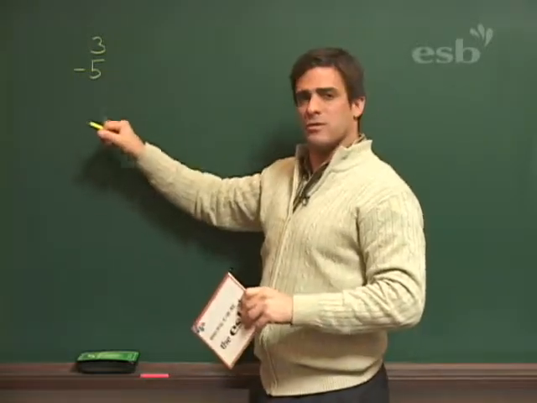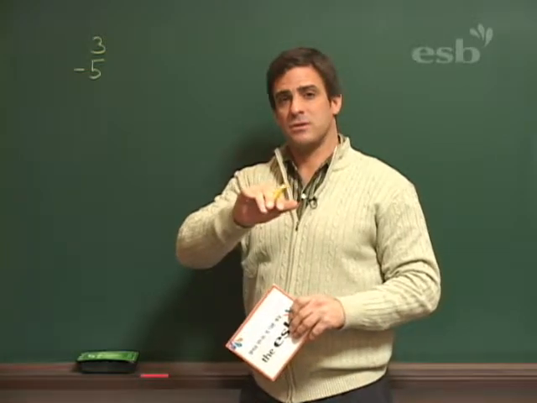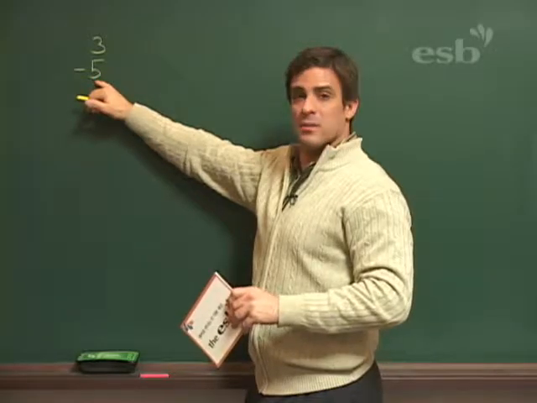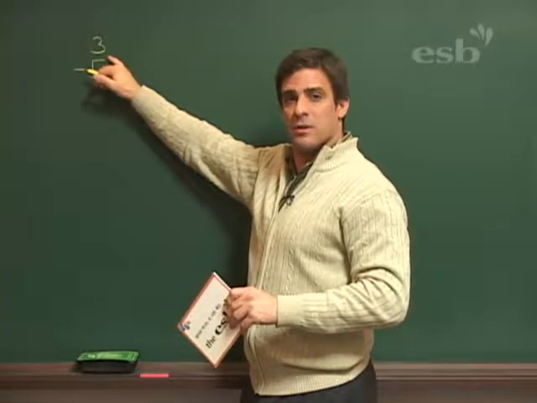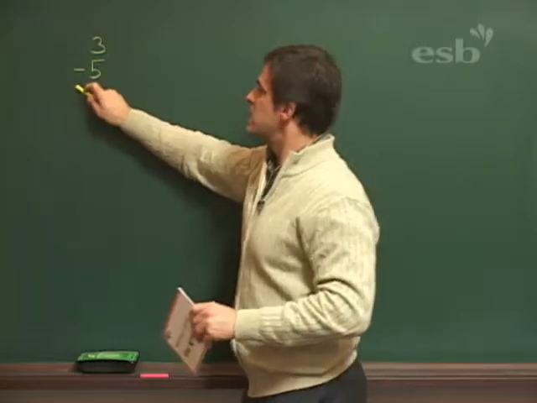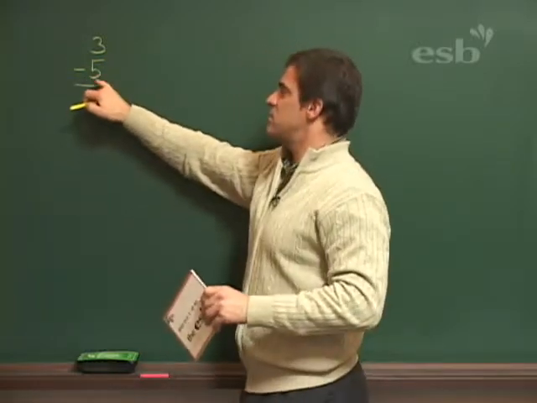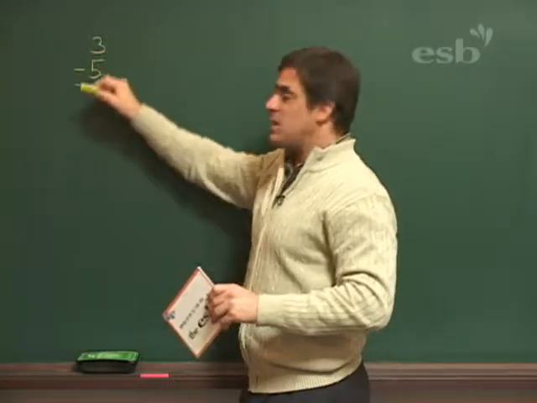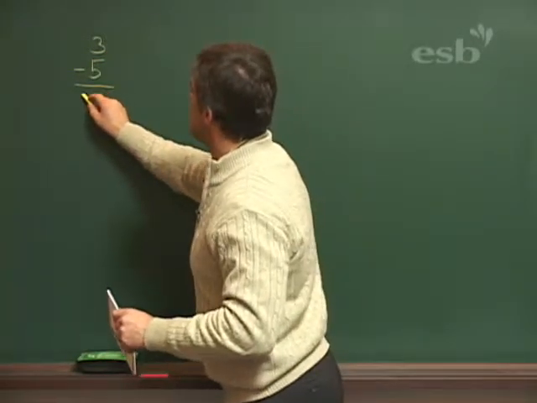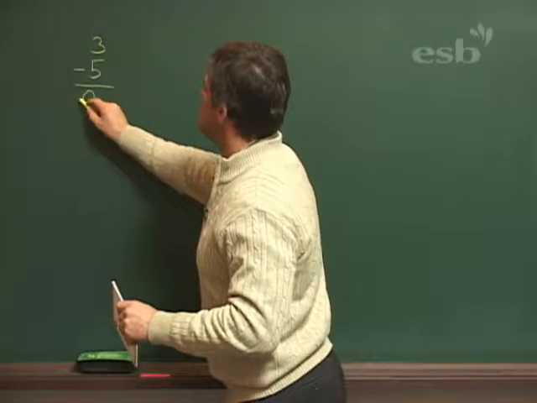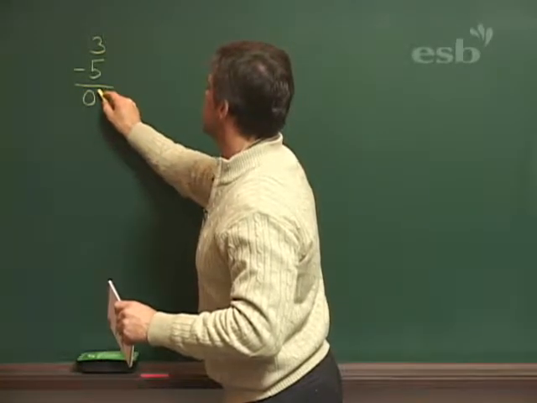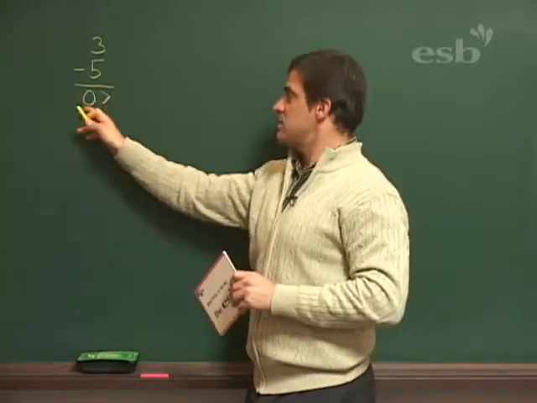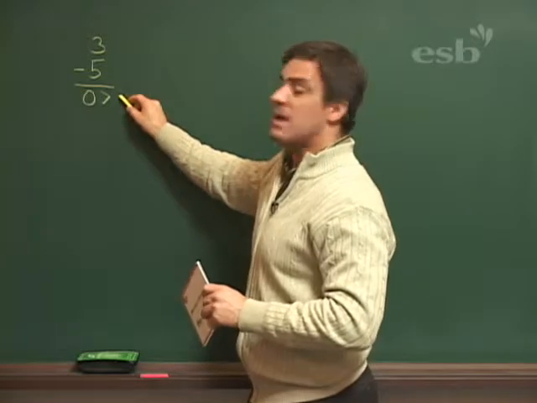Remember I told you with natural numbers, we can't subtract a bigger number from a smaller number. If we subtract a bigger number from a smaller number, the answer will be less than 0. 0 will be greater than the answer.